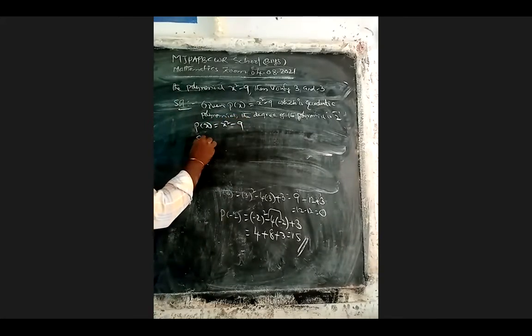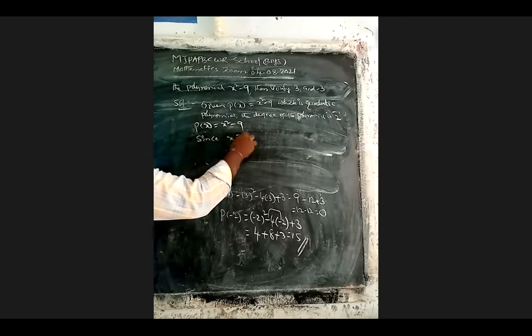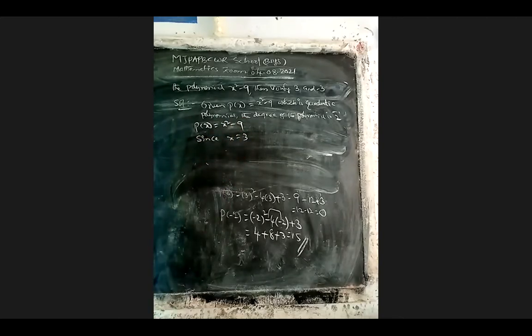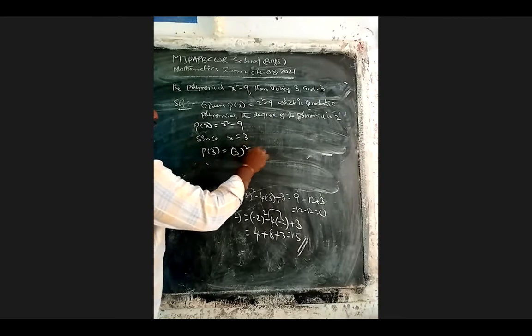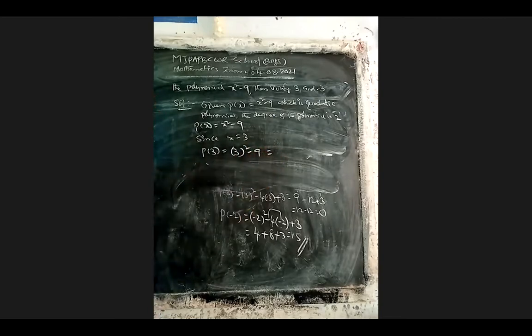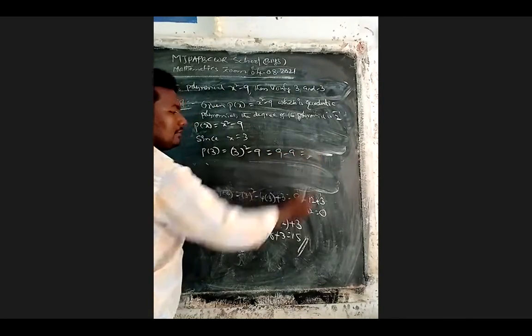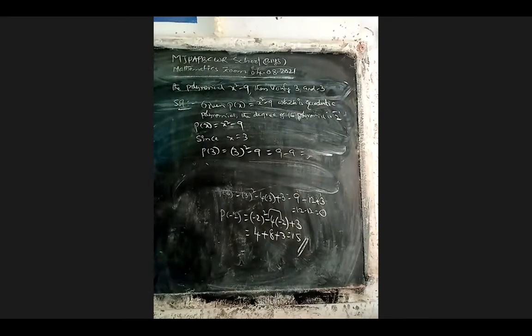Since x equals 3, P of 3 equals 3 square minus 9. 3 square is 9. So 9 minus 9 equals 0.